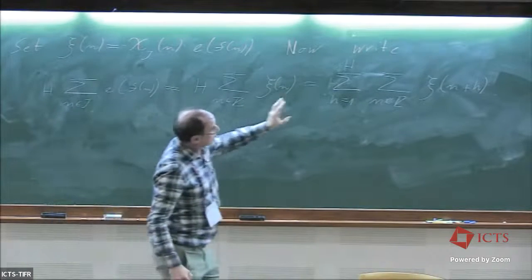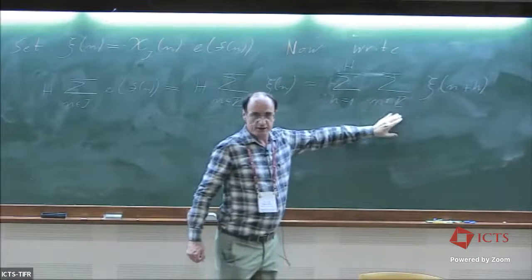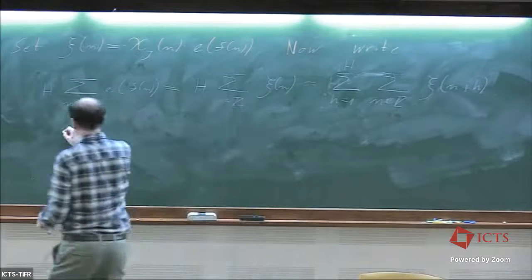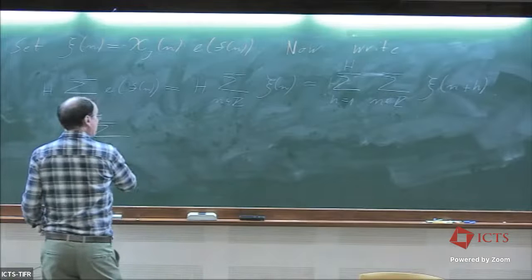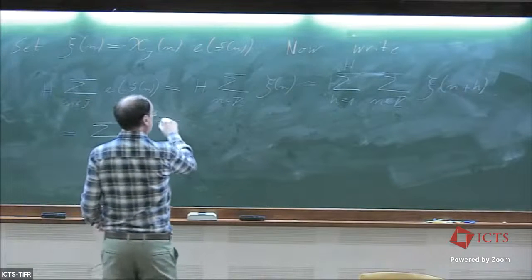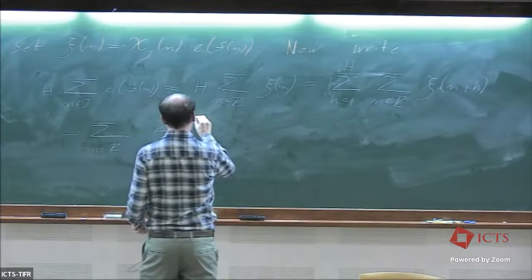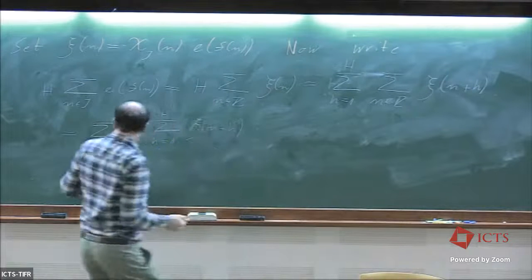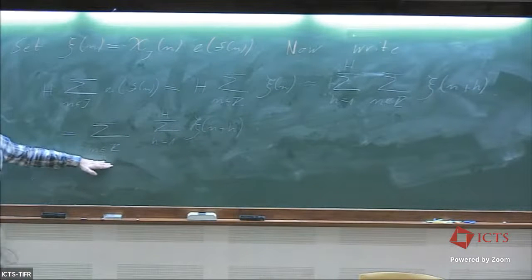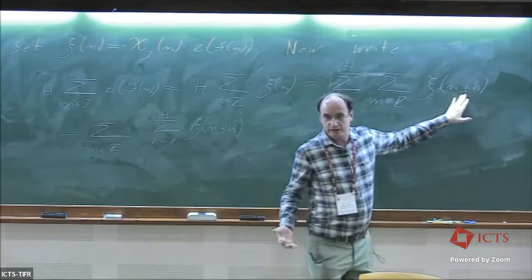Okay, and now we use the Cauchy-Schwarz inequality after changing the summation here. So this is equal to the sum over n in Z of the sum over h equals 1 up to H of psi(n+h). But we can restrict the sum, so we just need to assume n is such that n+h is in the interval I for some h.